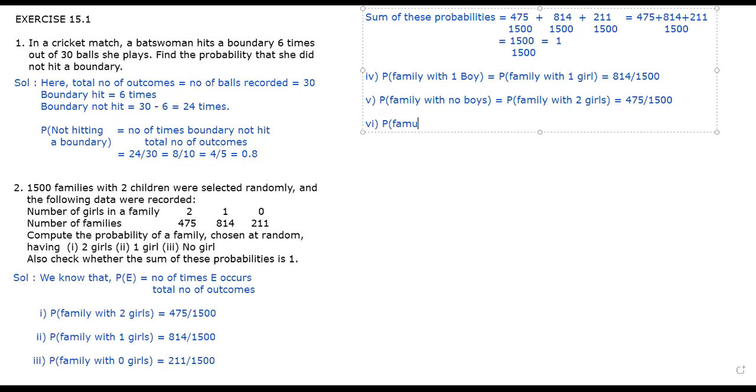Now you tell me, what is the last one? Probability of family with 2 boys. And which are the families with 2 boys? Probability of family with 0 girls. Correct. 211 upon 1500. Now you understand what I'm trying to say. Complete it.